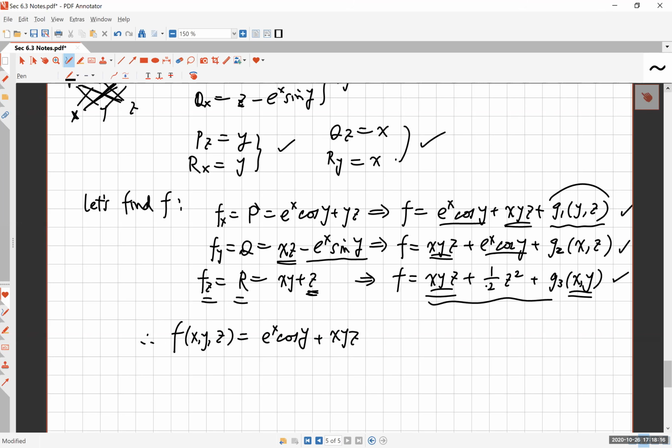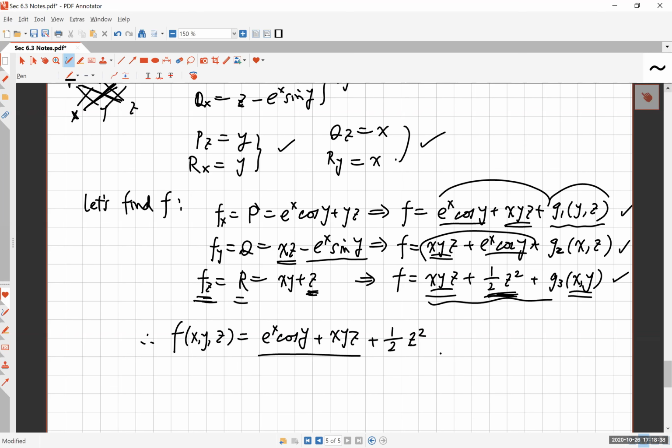Okay, and then is there anything else here? Well, see, for this, that would satisfy this part here. It would also satisfy this, but it would not satisfy that because I still don't have 1/2 z squared, which has to be there because my f sub z has plus z in it, right?